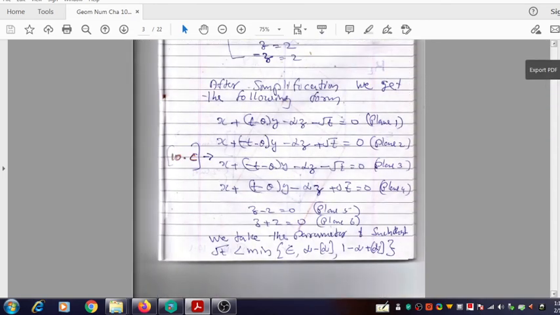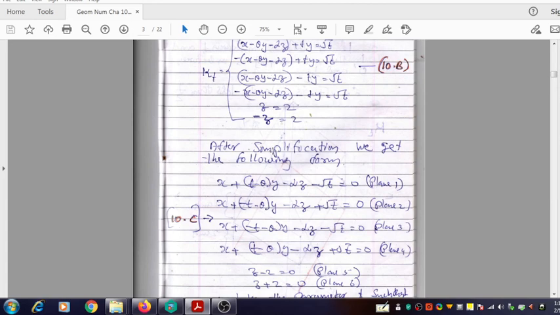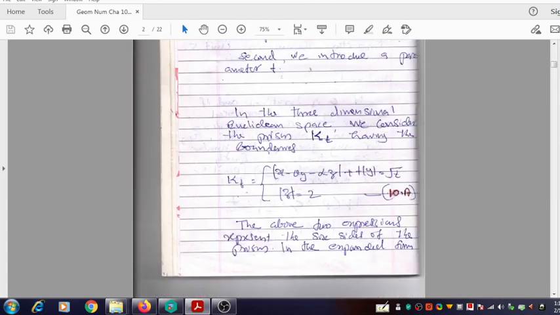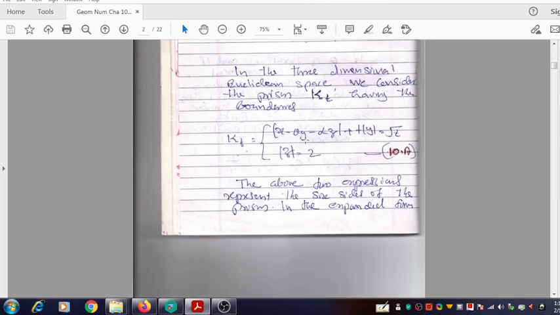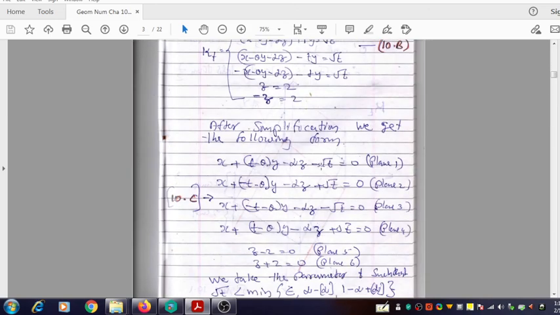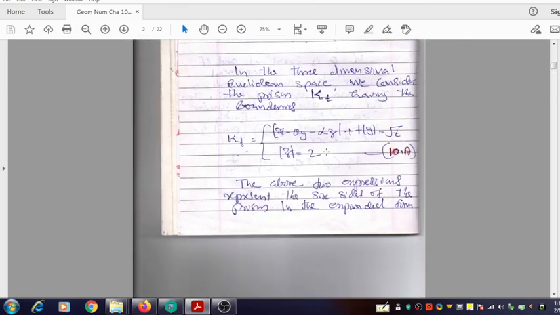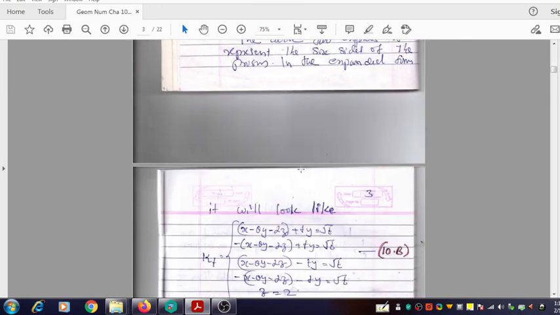Here, if you take that modulus, either this equation or one of these equations is taken, and there you can substitute.